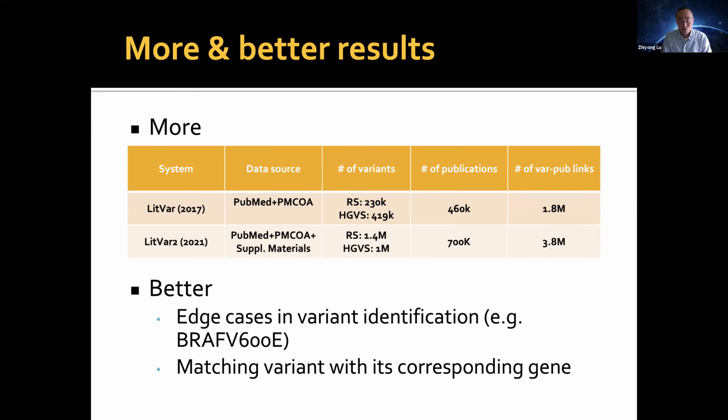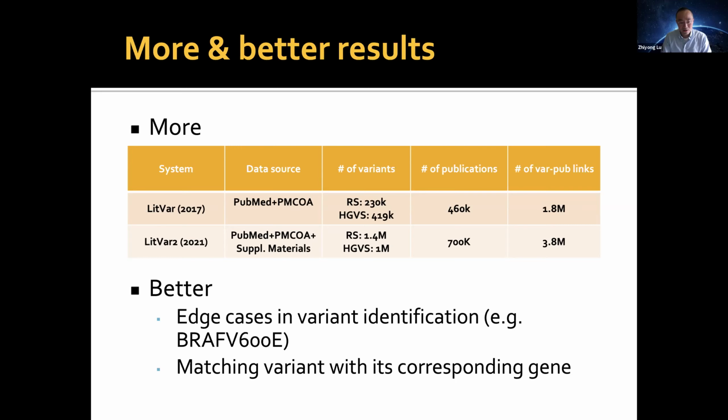In addition to expanding the content to include supplementary materials, we have also improved TMVAR, the underlying tool for recognizing variants, in some edge cases. For example, I show you an example here, BRAF V600E.